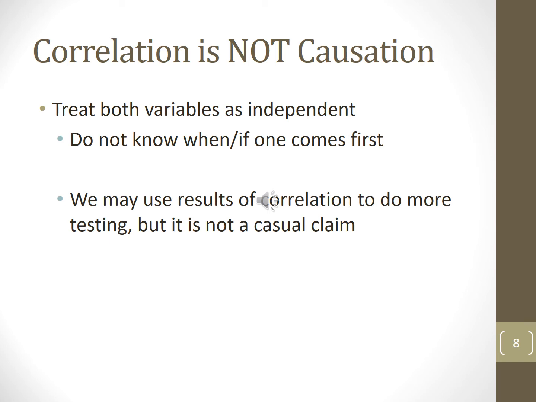So in other words, we could treat both variables as independent because we don't really know when or if one variable comes before the other. We may use the results of a correlation to do other types of testing, but by itself it is not a causal claim. But the way we think about information as human beings and the way that we interpret information that we're given often leads us to assume causal relationships.